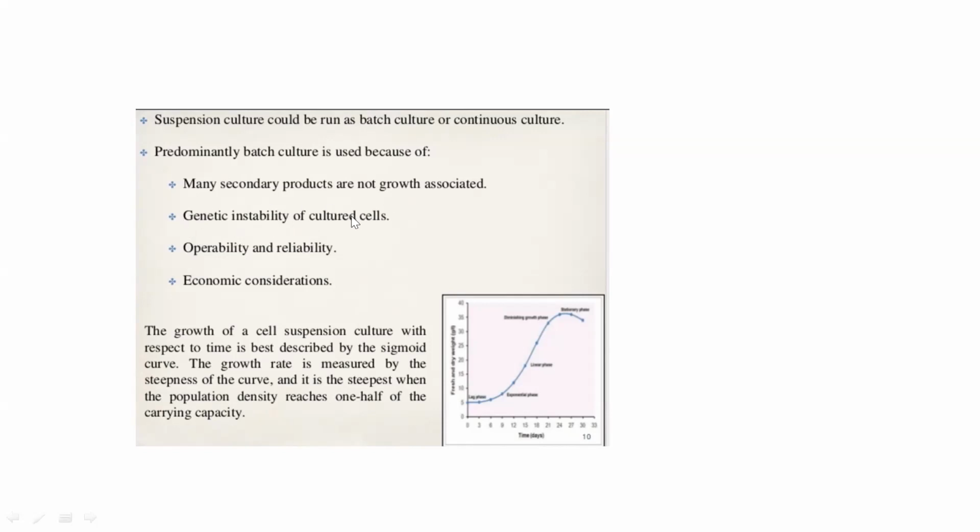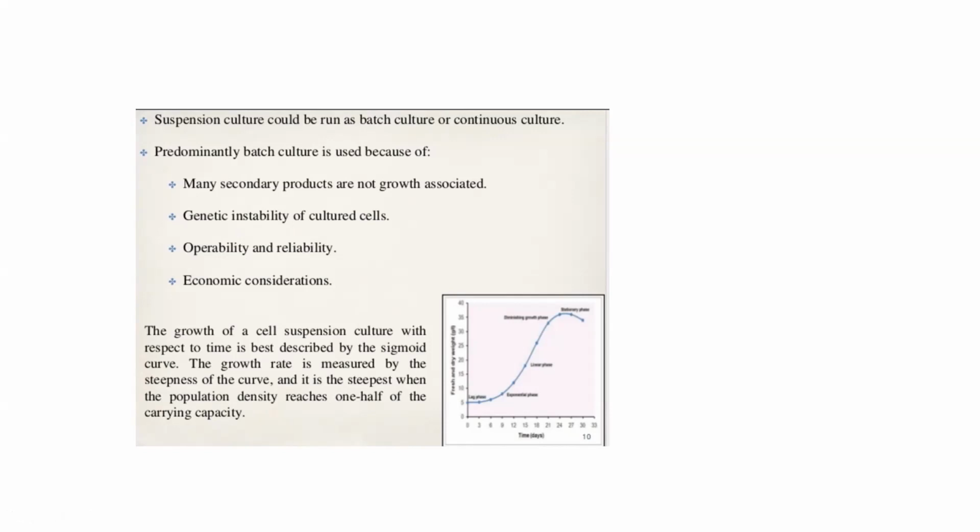Another factor is the genetic instability of cultured cells, because sometimes, as I told you, cells have variation, you have induced mutations, and epigenetic variations are there. If you use continuous culture, you will not know when the variation or the mutation enters, and the cells will totally become different. They will change metabolically. So the quality and the quantity of the secondary metabolite may get altered.